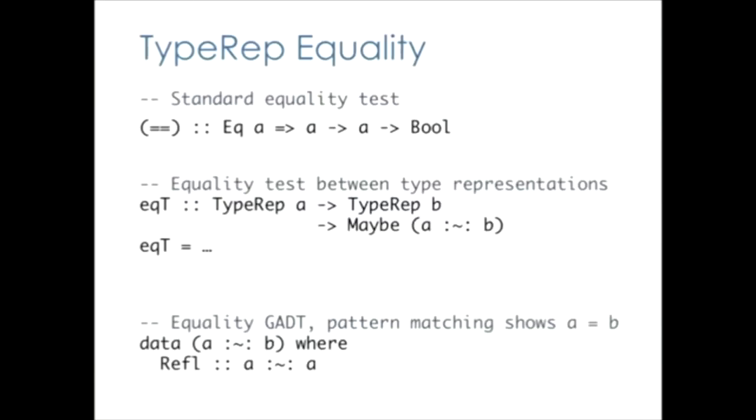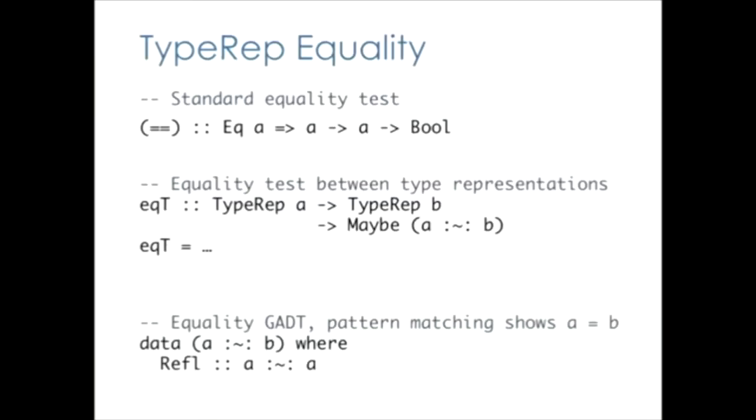And that one constructor says those two arguments have to be the same. So the equality is proven by reflexivity. If we get something of type A equals B back and we pattern match on it, and we see that we have Refl, that's going to tell the type checker the only way we could have constructed this equality is if those two types match each other.